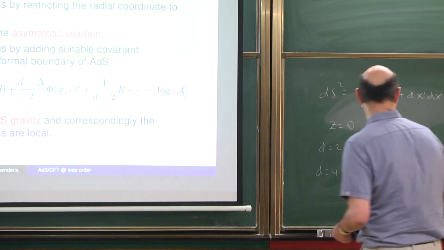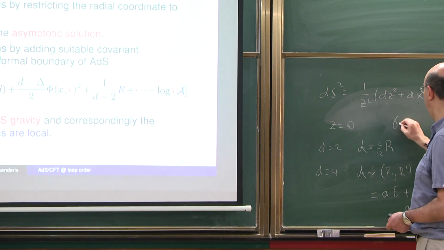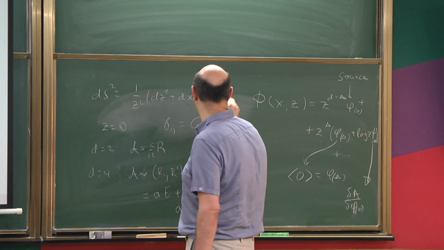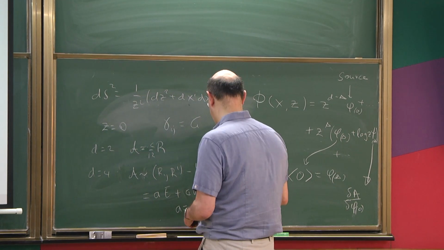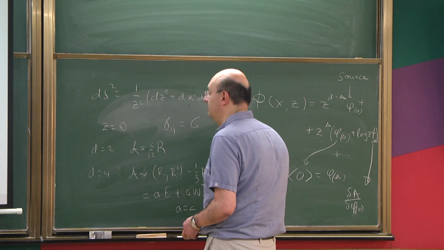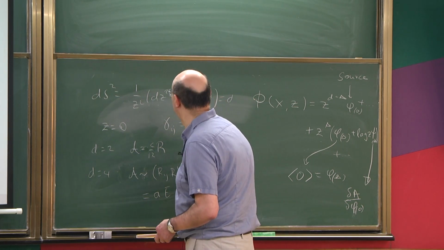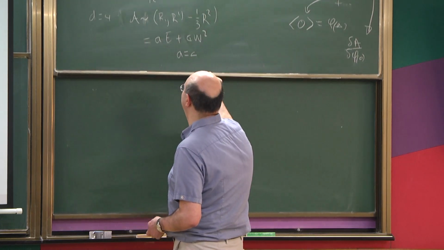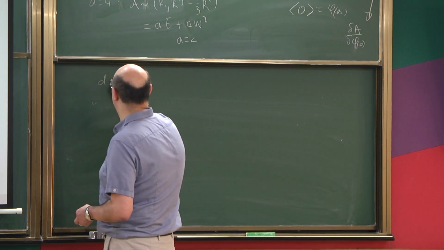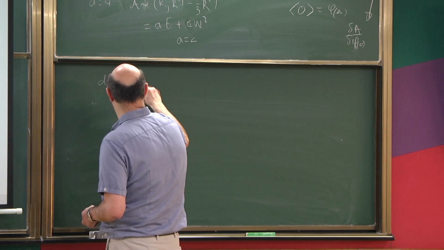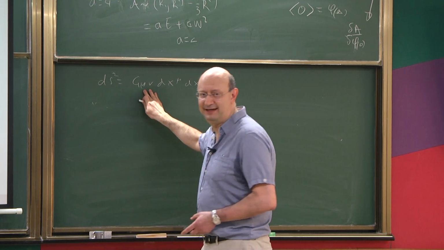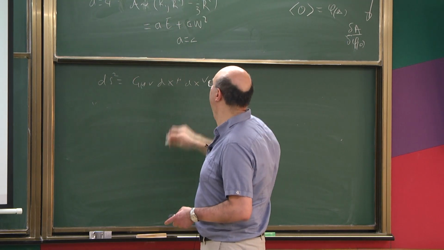You see, gamma ij is the induced metric at the regulated surface. So it's G. Let's say this is the AdS metric, the one up there.